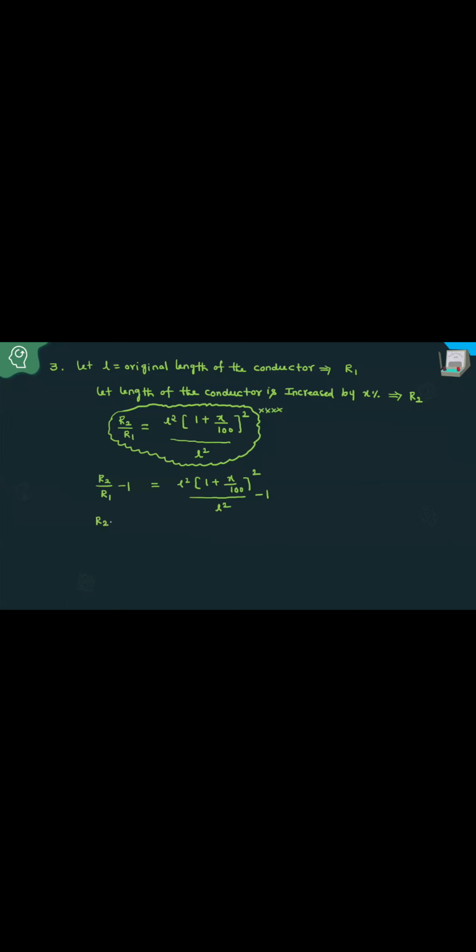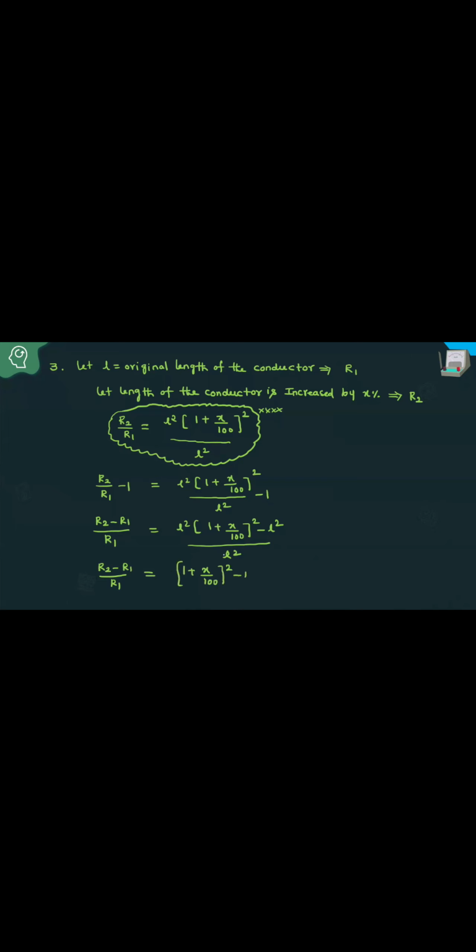Then (R2 minus R1) by R1 equal to L square into (1 plus X by 100) whole square minus L square by L square. Then take L square common, that will be cancelled. Then (R2 minus R1) by R1 equals (1 plus X by 100) whole square minus 1.